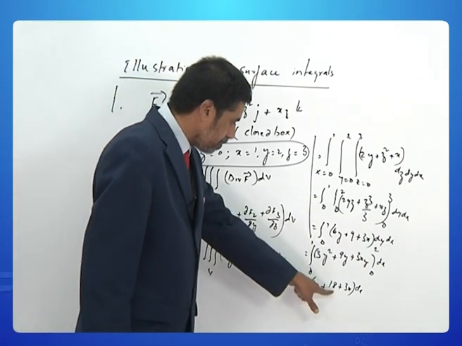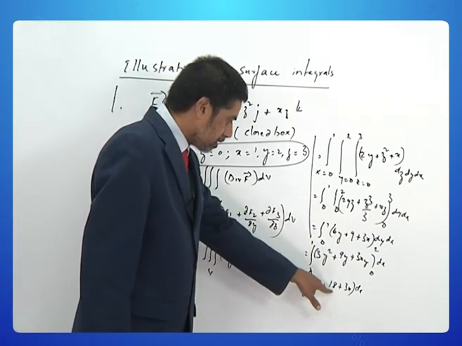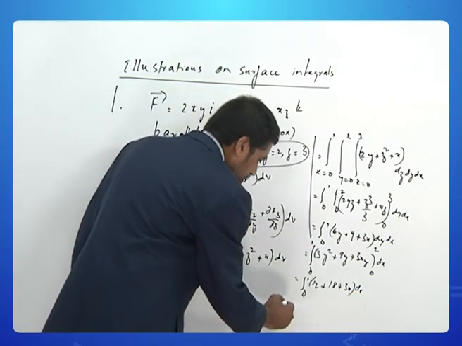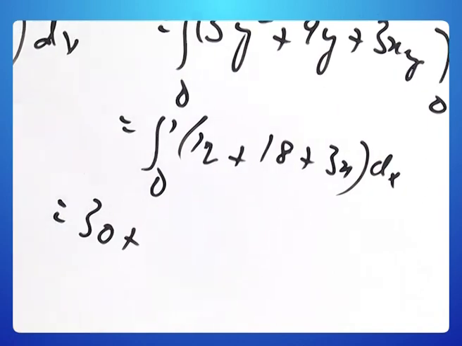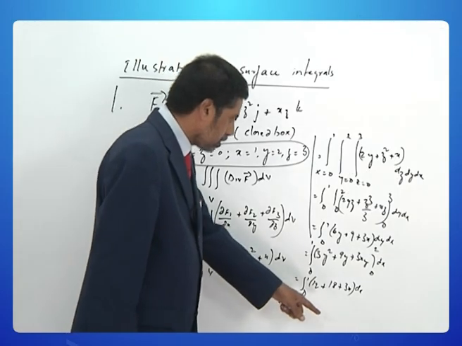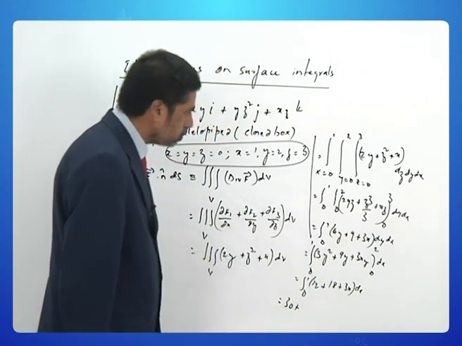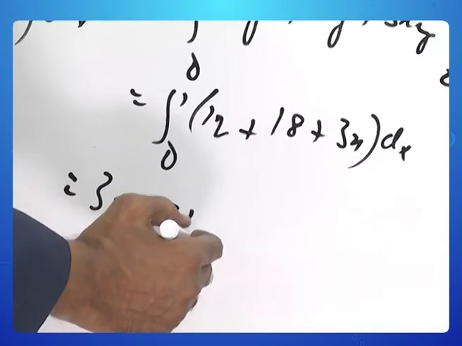Now you can guess the answer. This is already 30. So when you integrate 30 with respect to x, you get 30x from 0 to 1, which will be 30, plus 3x square by 2, so we will get some 3 by 2.